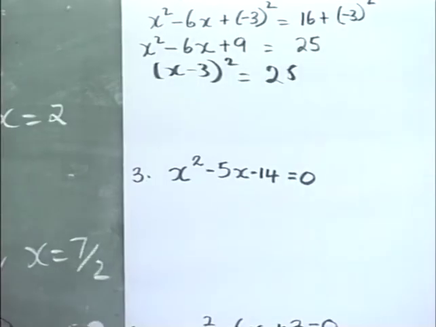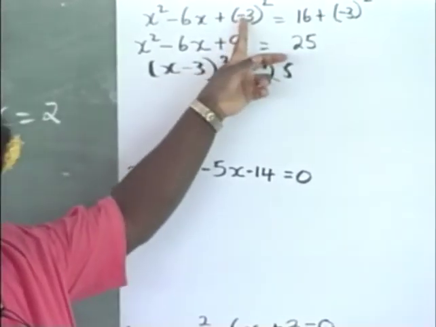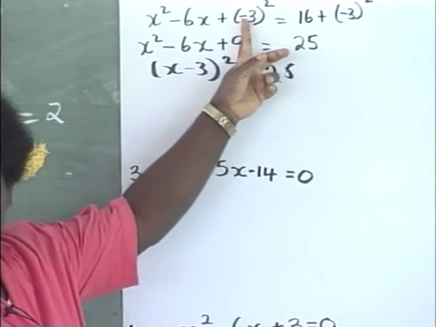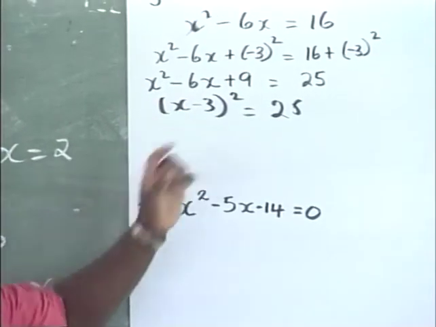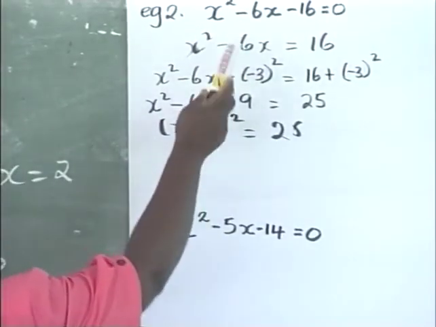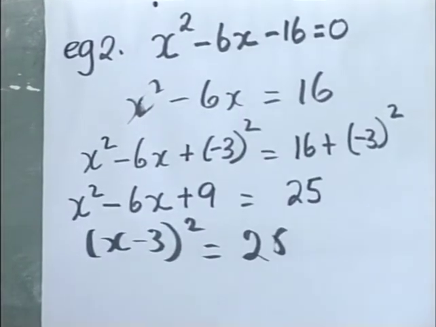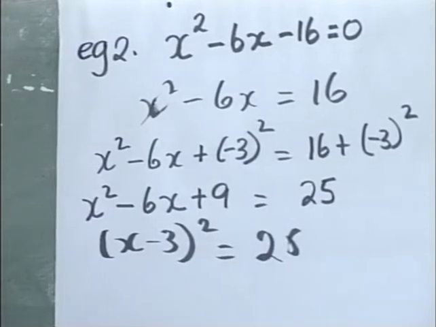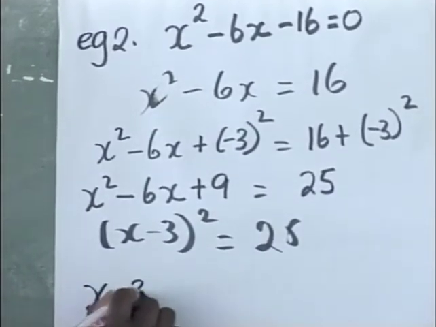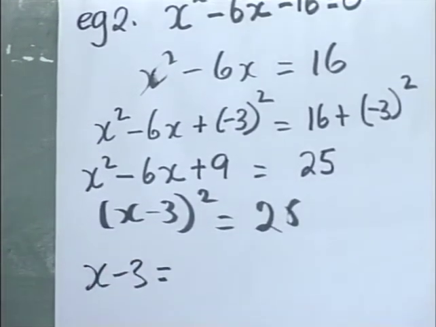The number that goes here is the same number that you put here. So it's x minus 3 squared. If this is negative, then this one will be negative as well. Okay, if x minus 3 squared is equal to 25, then x minus 3 is equal to, Miriam?